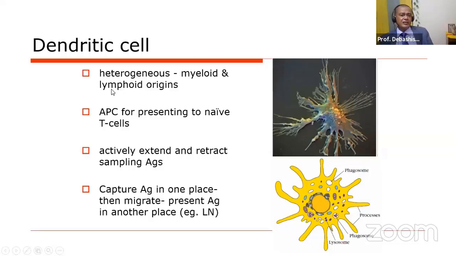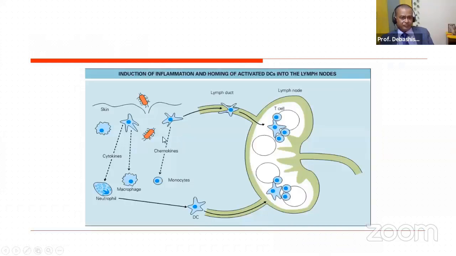Dendritic cells can be heterogeneous, as I have told you, of myeloid or lymphoid origin. Antigen presenting to naive T cells is one of their functions as an APC. They also actively extend and retract, sampling antigens, and almost like an amoeba they can move around, and they capture antigen in one place and then migrate to present antigen in another place, like in lymph nodes, where, as you've seen, antigen presentation and B cell maturation happen.